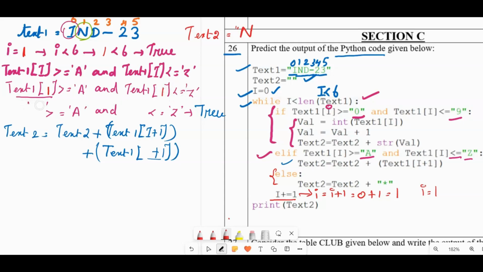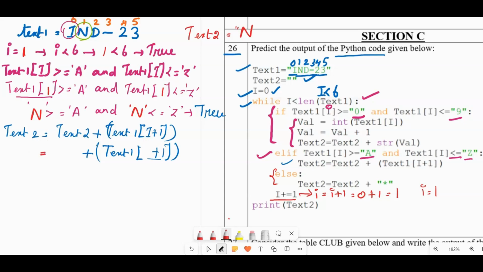We need to see what is in text 1 of 1. We already know that text 1 of 1 has N. So write N here and under this also write N. So the condition is true. Next it will move on to text 2 is equal to text 2 plus text 1 of I plus 1.